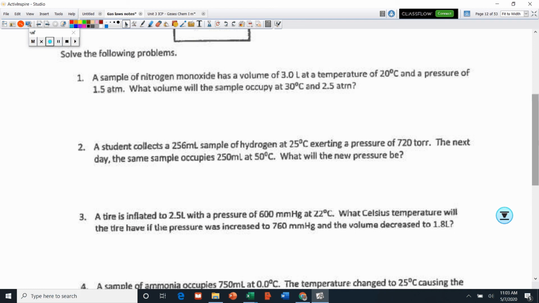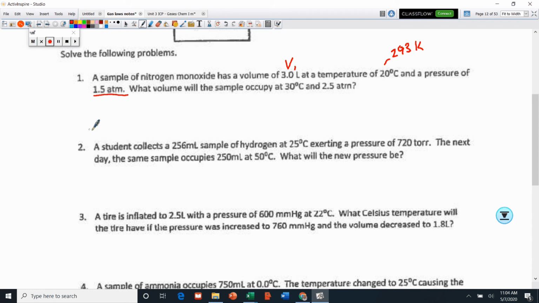All right, so it says a sample of nitrogen monoxide has a volume of 3.0 liters, so that's my V1, and a temperature of 20 degrees Celsius, so that's going to be 293 Kelvin. Don't judge me if I did my addition wrong right there. I'm just trying to be quick with this. And a pressure of 1.5 atmospheres.